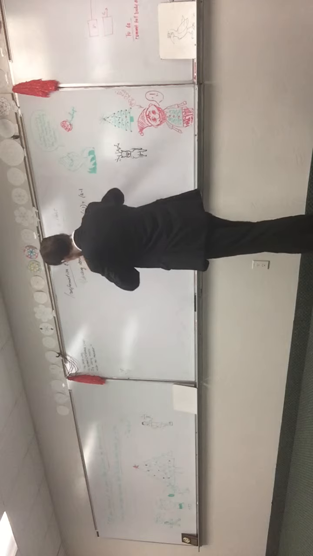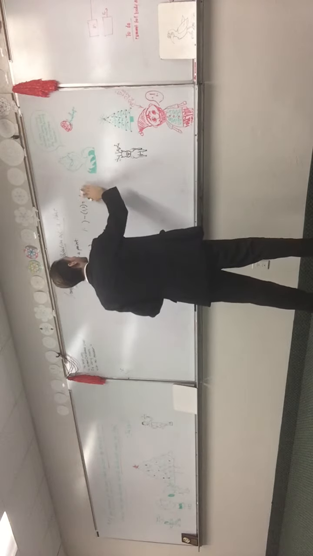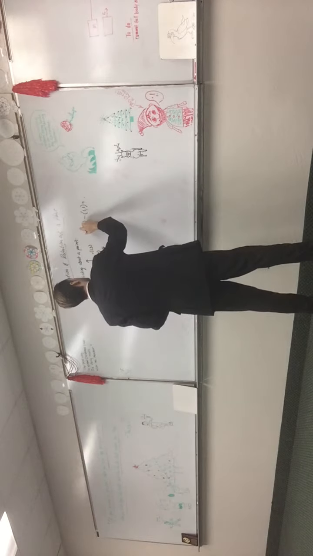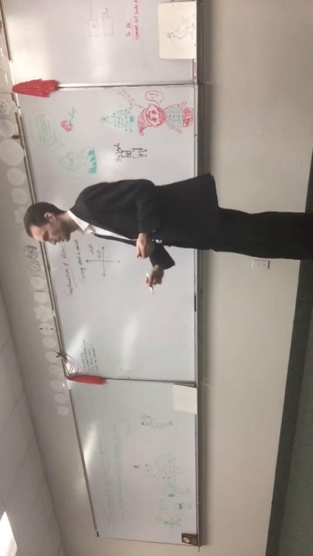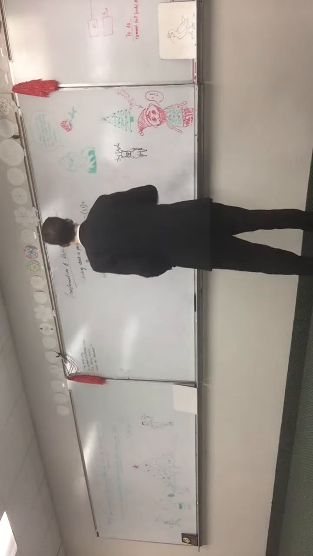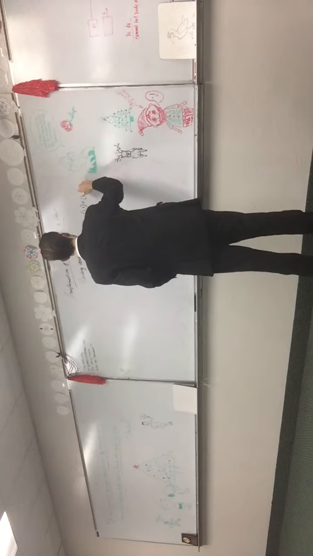Let me do a real point just because it'll be easier. So let's say I have 2, 3, okay? First step, subtract the point I'm rotating around, right? So 2, 3 minus 1, 1 is 1, 2.